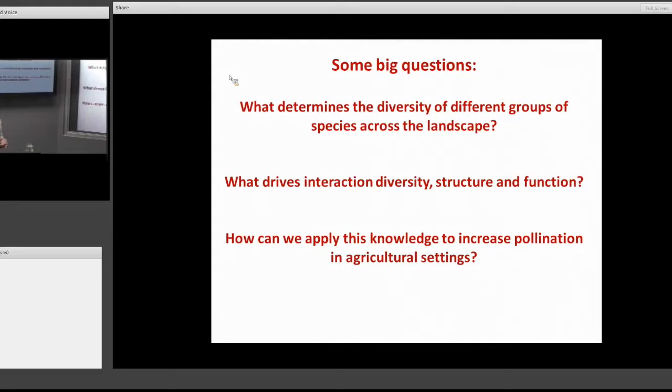And so environmental conditions for me might be things like climate change, land use change, wildfire, invasive species, any kind of nutrient enrichment, things like that. And then how can we take this knowledge, most of which I gain from more pristine ecological systems, and use it to enhance pollination services in more managed systems like agricultural settings.